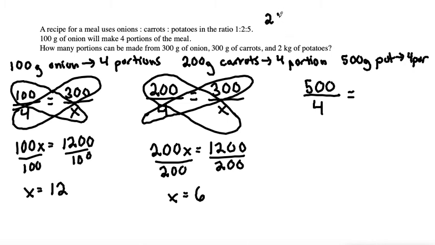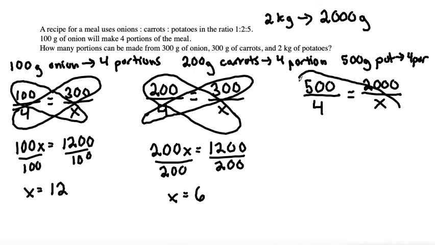So 2 kilograms, since there's 1,000 grams in each kilogram, 2 kilograms would equal 2,000 grams. And if you need help with those kind of conversions, let me know in the comments, and I can do you a video of how to do conversions separately. So using 2,000 grams of potatoes, we want to figure out how many portions of the meal we can make. We'll represent that as x.